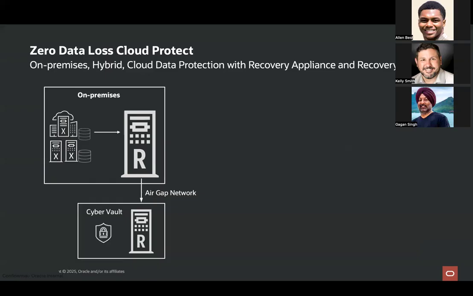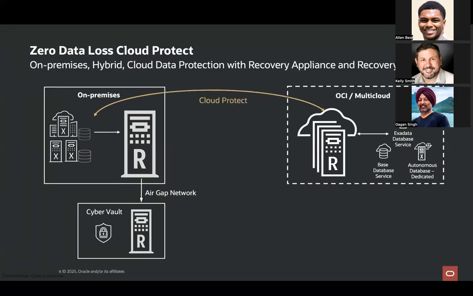As we've seen, you can have your on-premise databases recovering to your recovery appliance, but now you have the ability to use Cloud Protect to back up and recover your database into recovery service, which gives you this holistic vision.